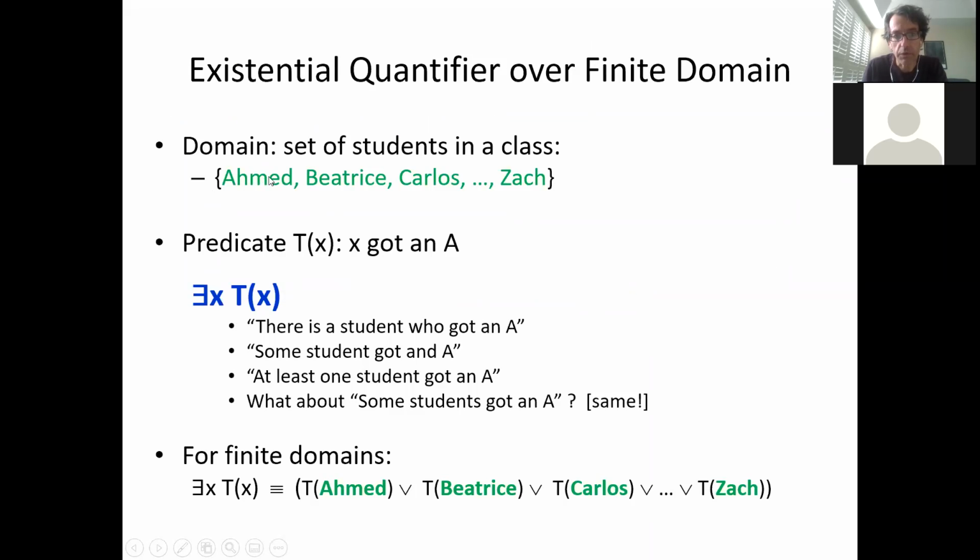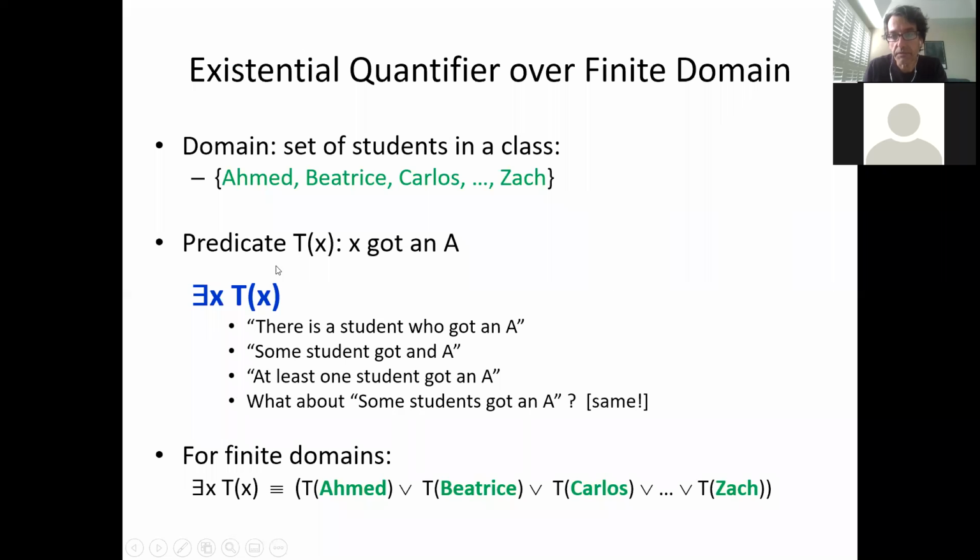We also said that for finite sets, an existential quantifier is like one big disjunction, to say that there exists an element for which the predicate holds. Another way to read this is that T of X holds for some X. So if the domain is finite, T holds for one of these, maybe more, because this disjunction is not exclusive.